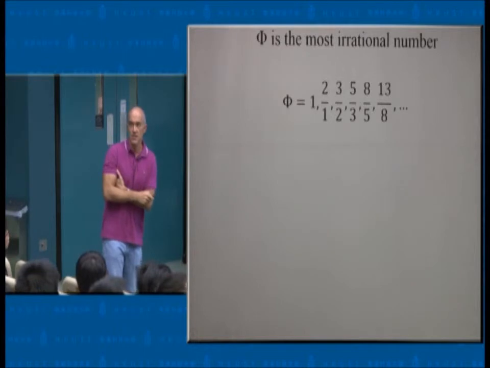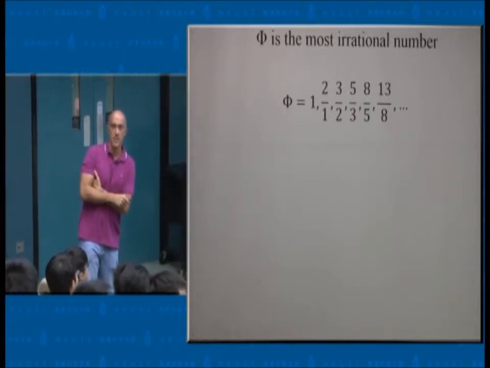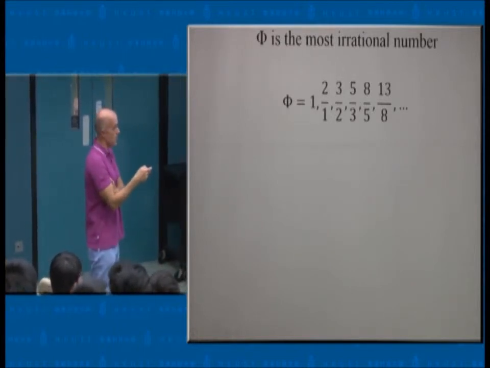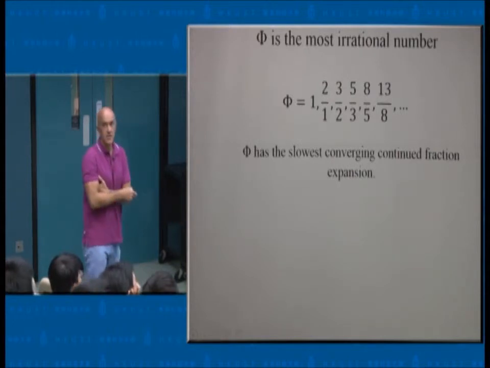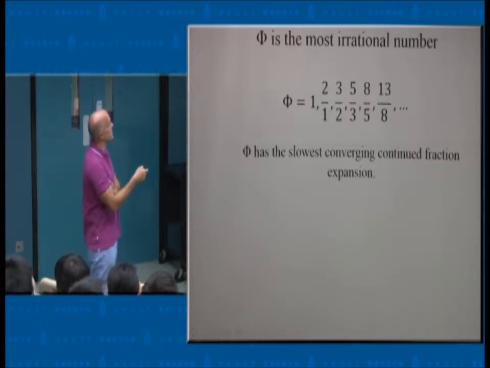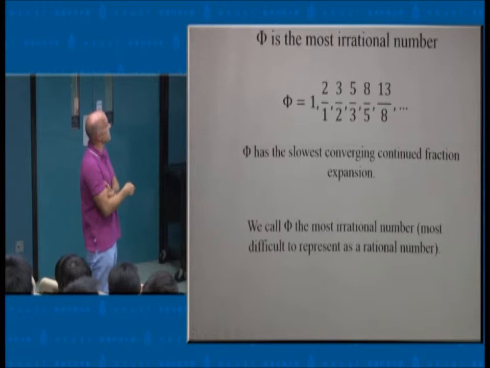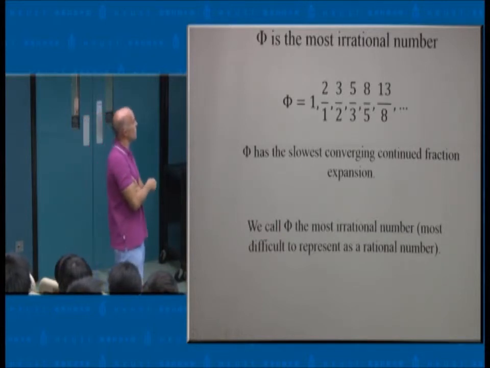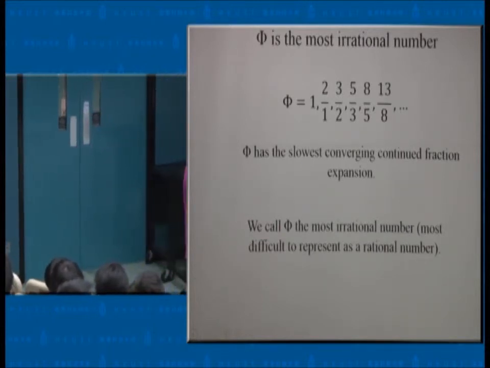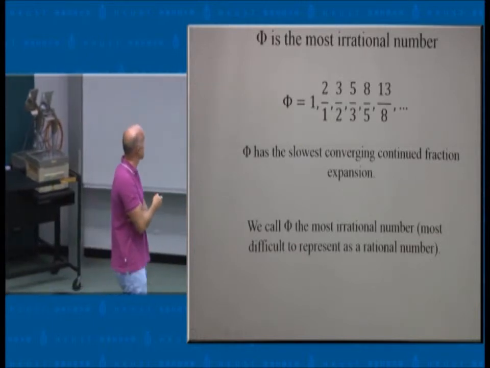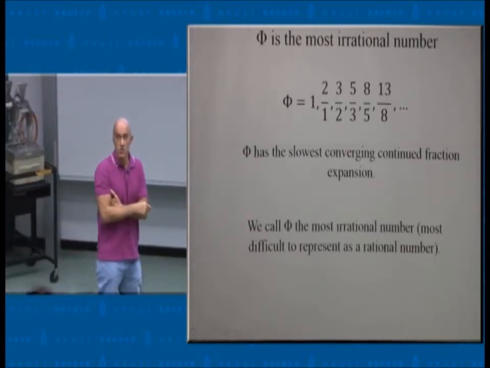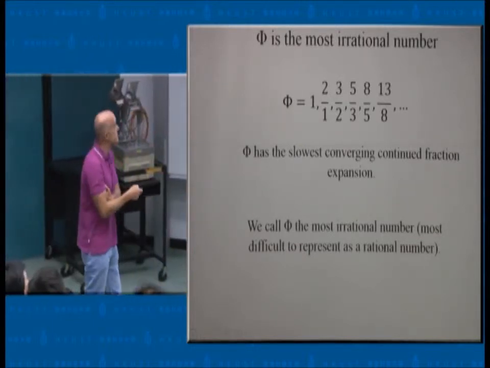So we said that this converges to phi, right? This converges very slowly, has the slowest converging continued fraction expansion. So that's why we call phi the most irrational number. It's the most difficult number to represent as a rational number. Okay?